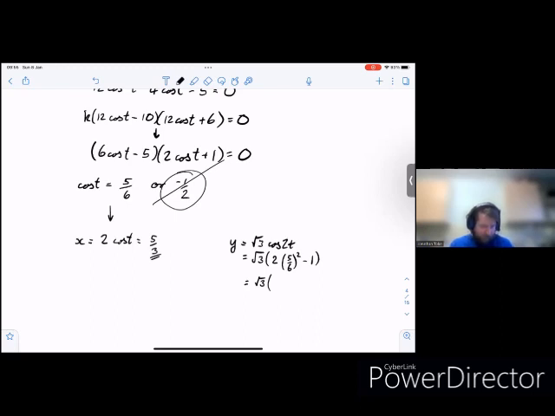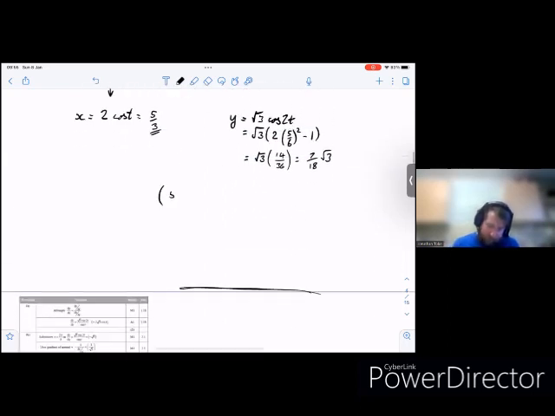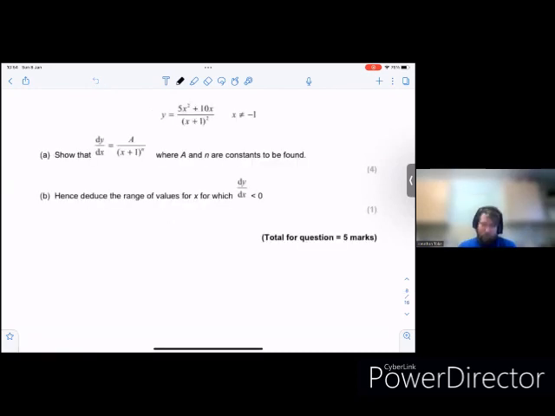So that'll be 14 over 36, which is 7 over 18. So this becomes 7 over 18 root 3. Is that correct? Yeah. Okay, so our coordinates are 5/3 and 7/18 root 3.